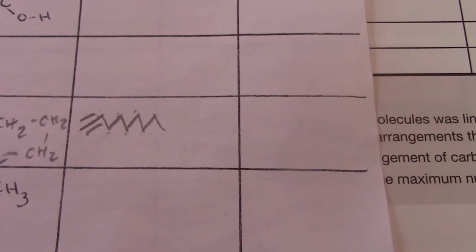Line structural diagram is going to look like this. So you can see why I really like using line structural diagrams. They're way simpler. And then you would do the same thing here.